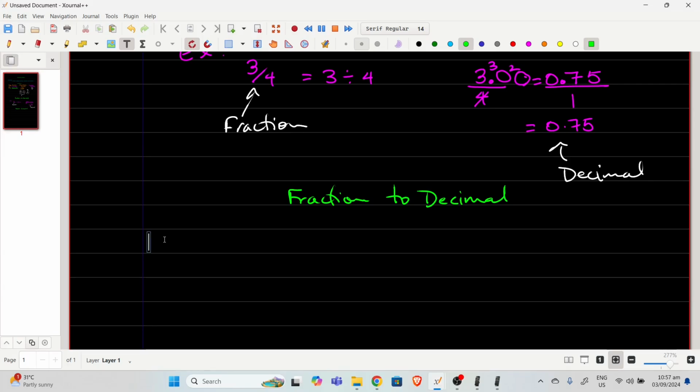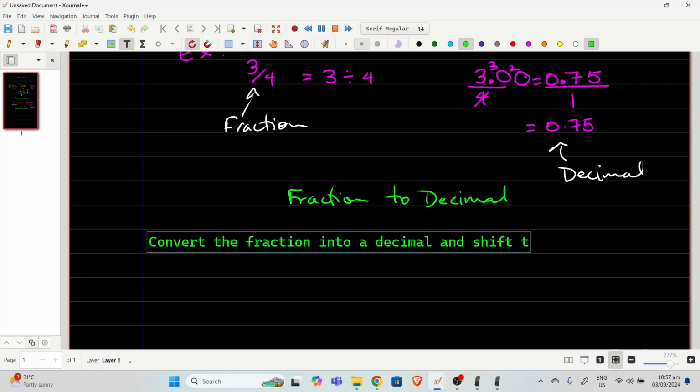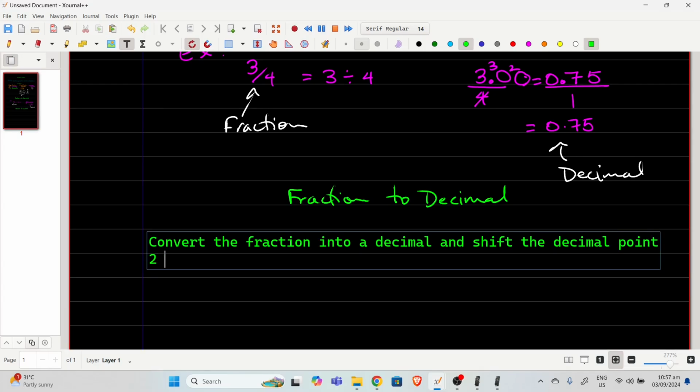We're going to convert the fraction into a decimal and shift the decimal point 2 places to the right.